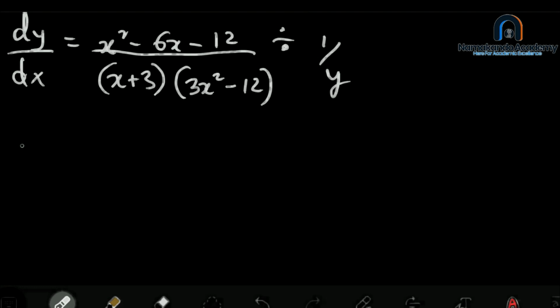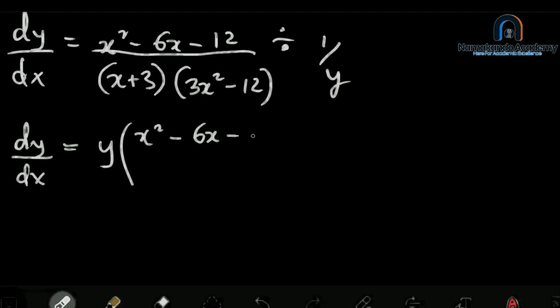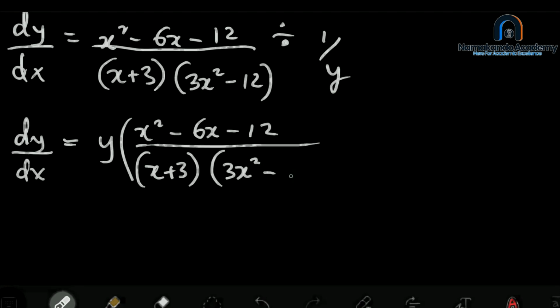This further simplifies to dy/dx equal to y multiplying with everything on this side: x squared minus 6x minus 12 over x plus 3 times 3x squared minus 12 in brackets.